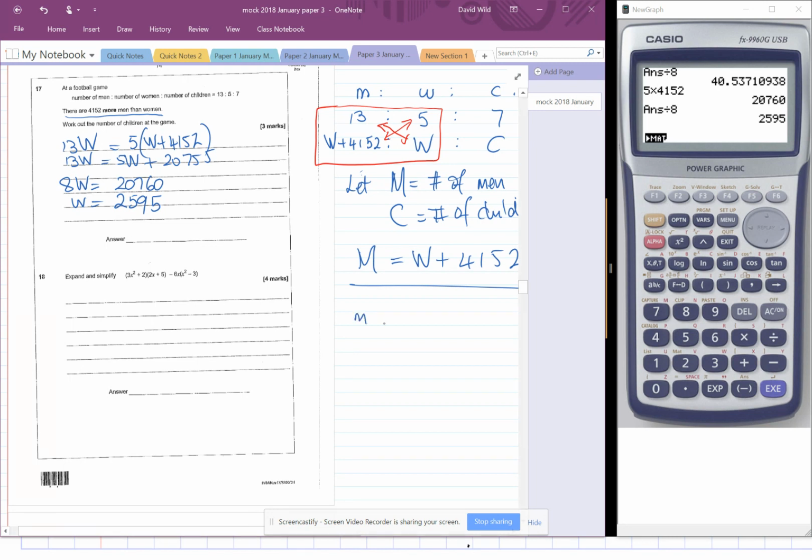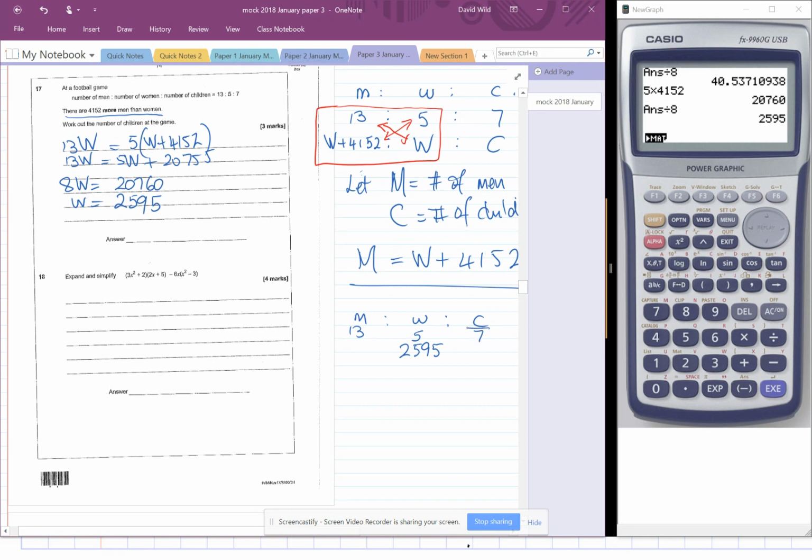Right, so what we can do is another ratio square. So we've got our men, women, children. The number of women that we've got is 2,595, and we know the ratios as well, 13, 5, 7.